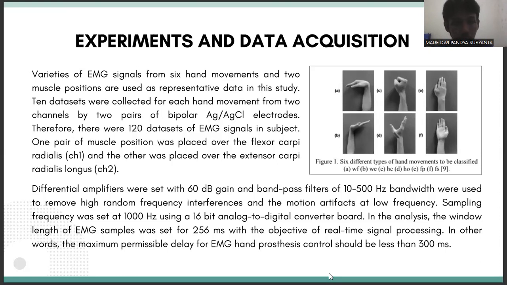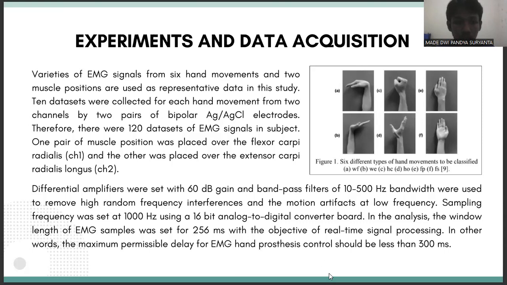Bandwidths were used to remove high frequency random interference and the motion artifact at low frequency. Sampling frequency was set as 1000 Hz using a 16-bit analog to digital converter board.